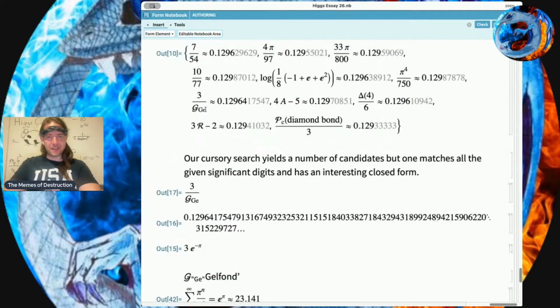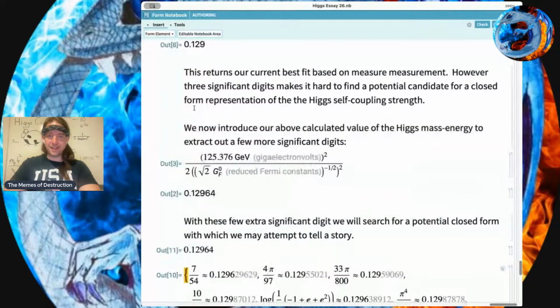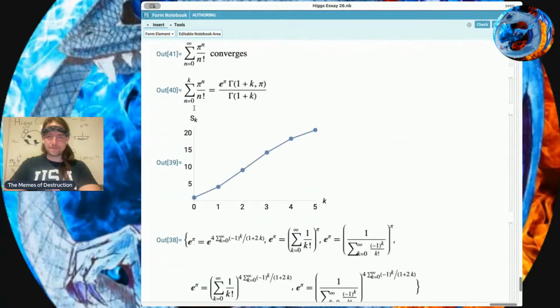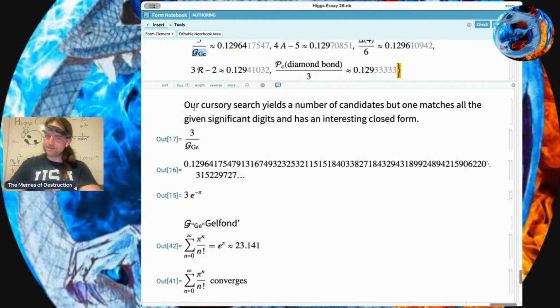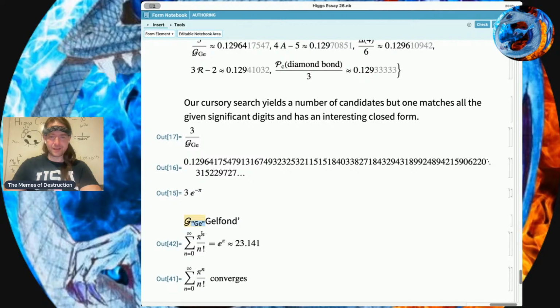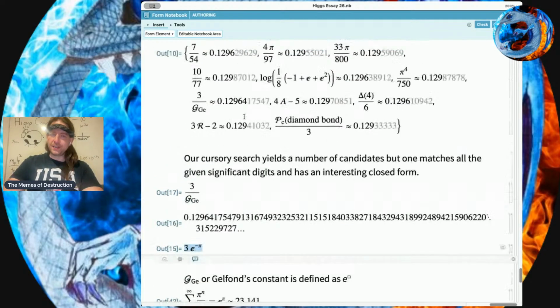E, or Gelfand's constant, defined as e raised to the pi.